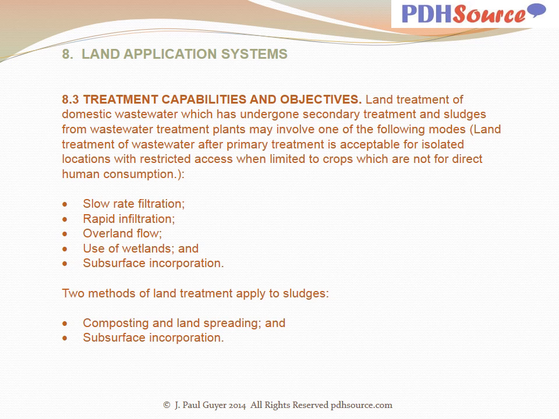First, slow rate filtration, rapid infiltration, overland flow, use of wetlands, and subsurface incorporation. Two methods of land treatment apply to sludges: composting and land spreading, and subsurface incorporation.